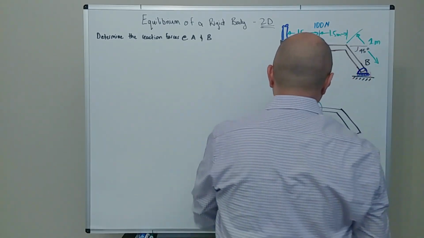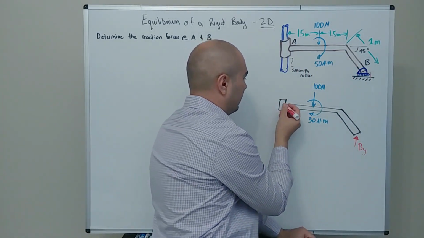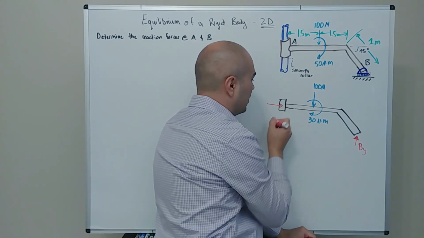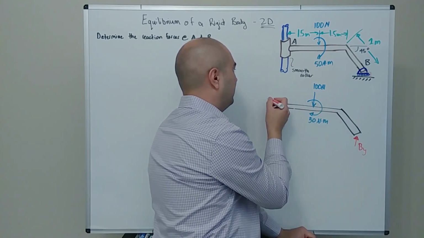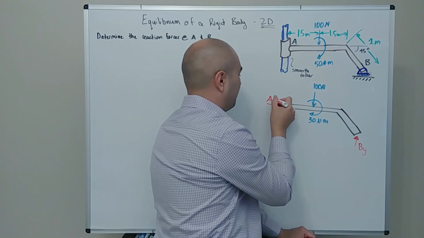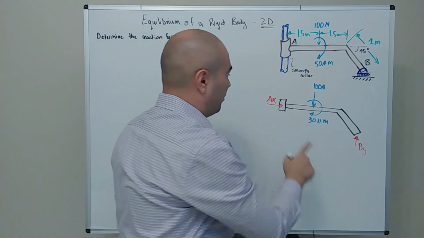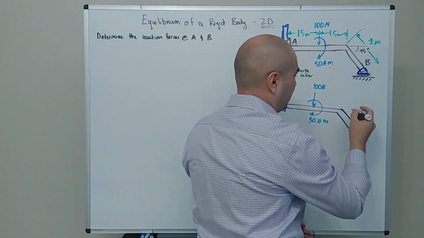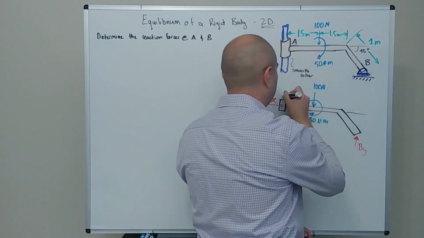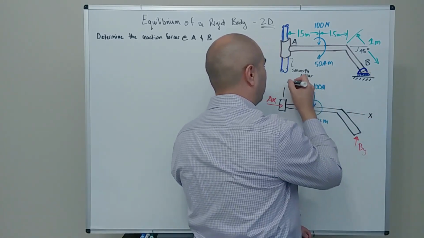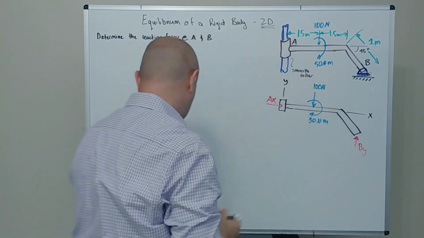So I need a reaction force in the X direction. I'm not going to think about it too much. I'm just going to assume the positive X direction. So I'll call this AX. Notice I already have AX and BY. So I'm just going to go ahead and specify, yes, this is the X axis. This is the Y axis.